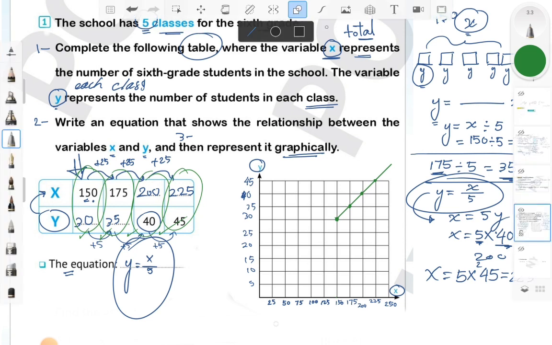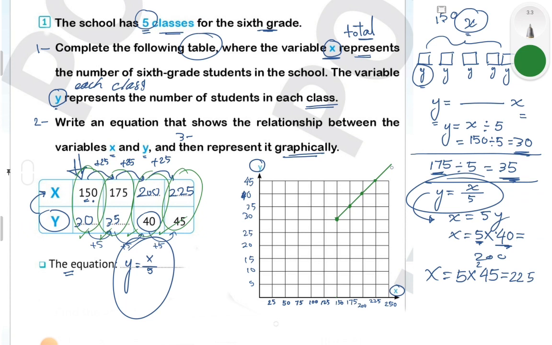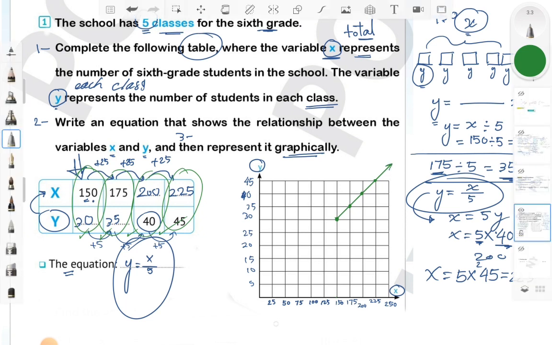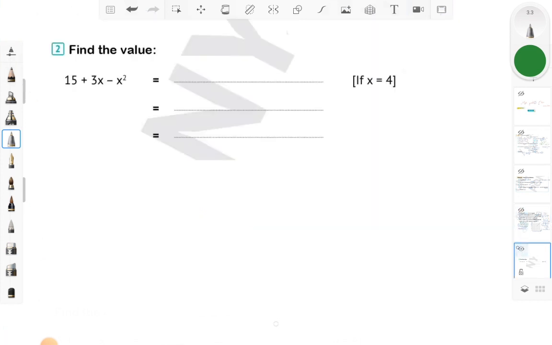Okay, go to the next question, and this is the last one for our model. Find the value of 15 plus 3x minus x power 2 if x equals 4. Now if x equals 4, let's substitute x here.